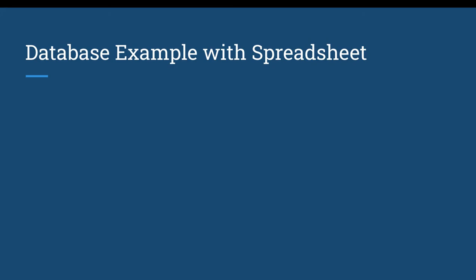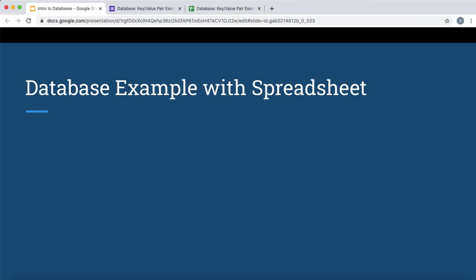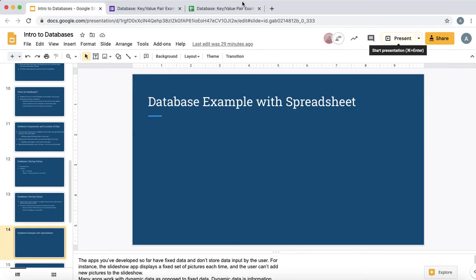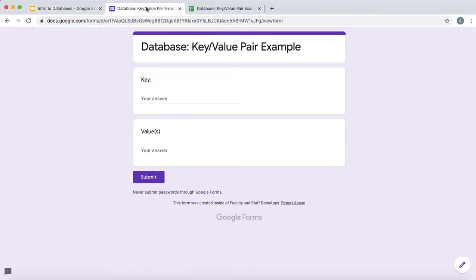I'm going to show you a quick example of what entering keys and values might look like. This is really basic, but you get the idea of how easy it would be to collect information on a larger scale. I have a basic form here that I've set up in Google Forms.